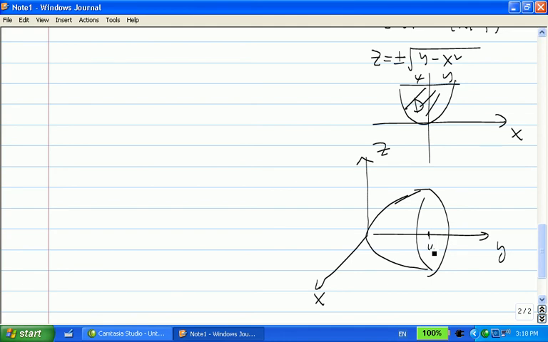Now, if we want to project on the xz plane, what kind of region do you think you are going to get? Try to imagine that, which is not hard to find. You are going to get a circle on the xz plane.